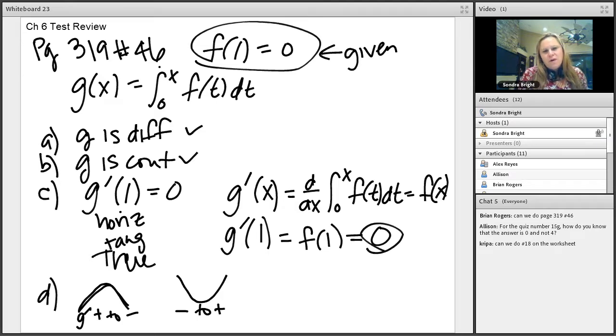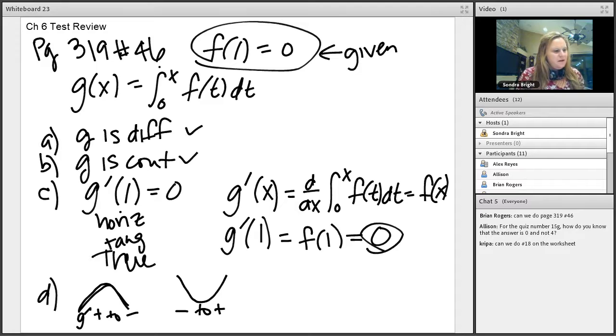We know at 1 it's 0, and it says f of x has positive derivatives for all values of x.